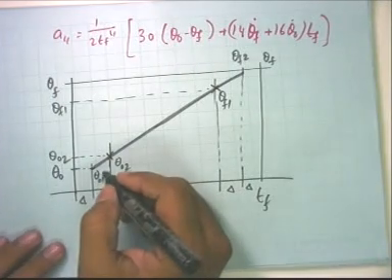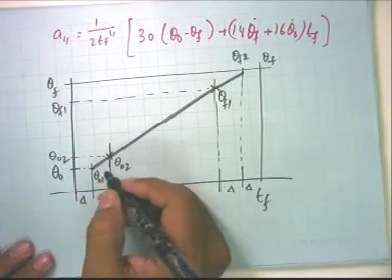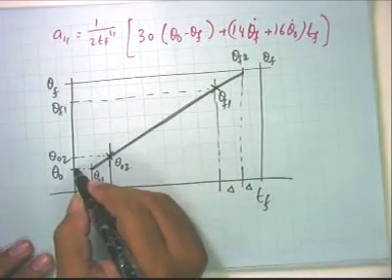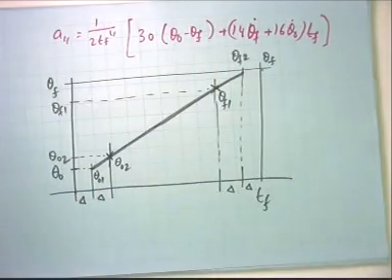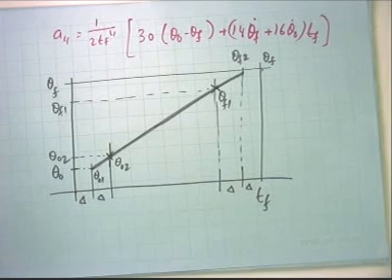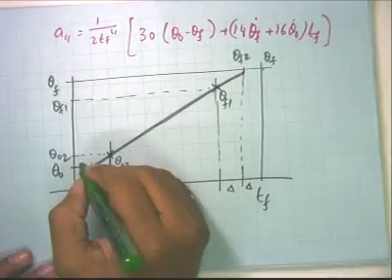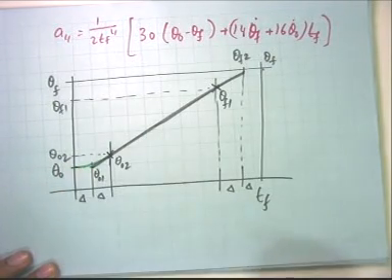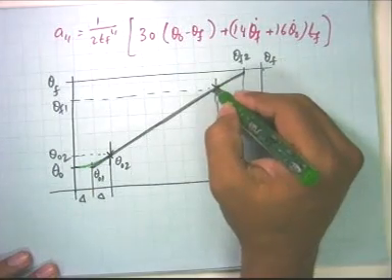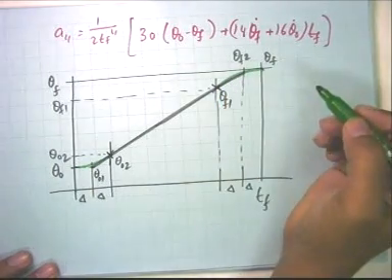Now, between these 2 points, between this and that, I plot a fourth order polynomial. So, between these two I have a fourth order polynomial here and there I have a fourth order polynomial.